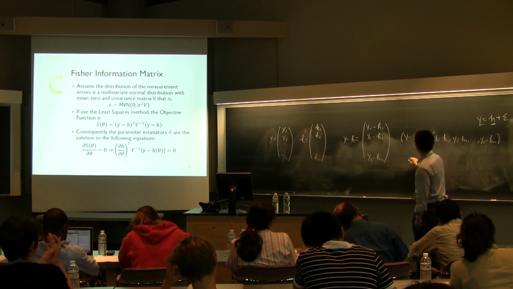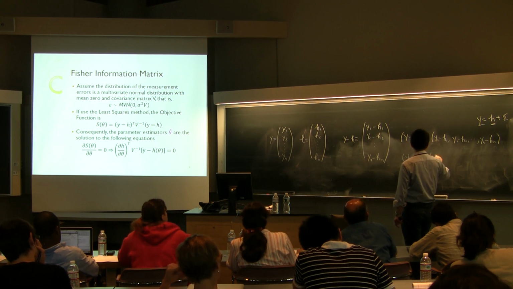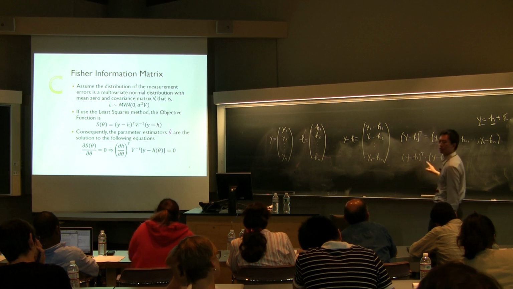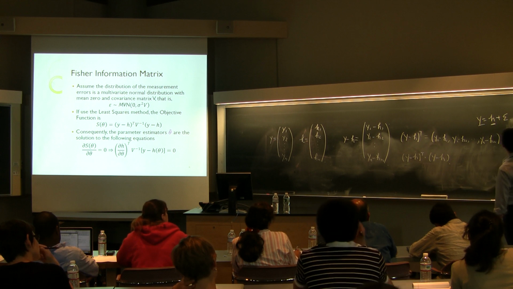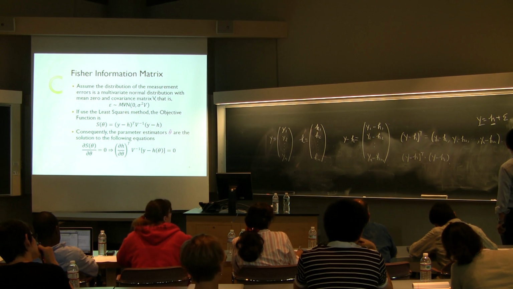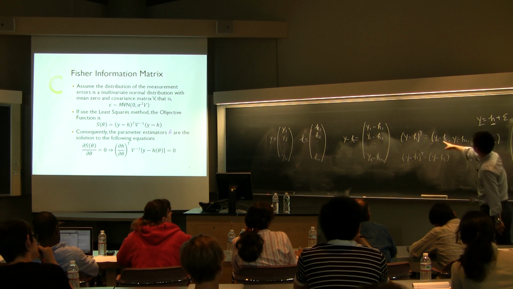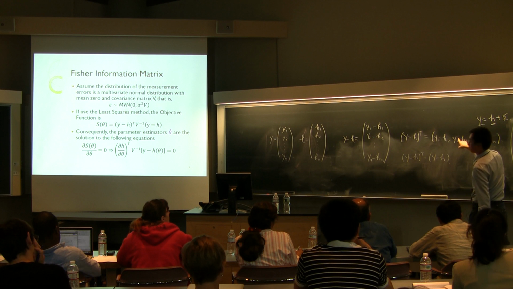Now, if I multiply a row with a column, what I do is y1 minus h1. I multiply this one with this, and then add the product of this one with the second term here.